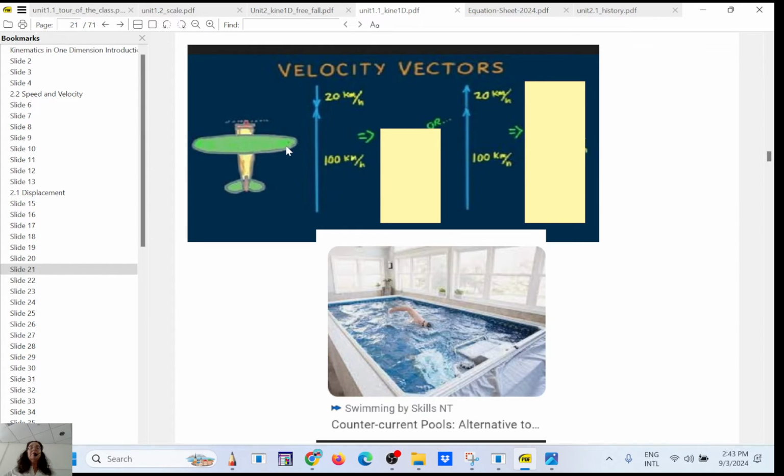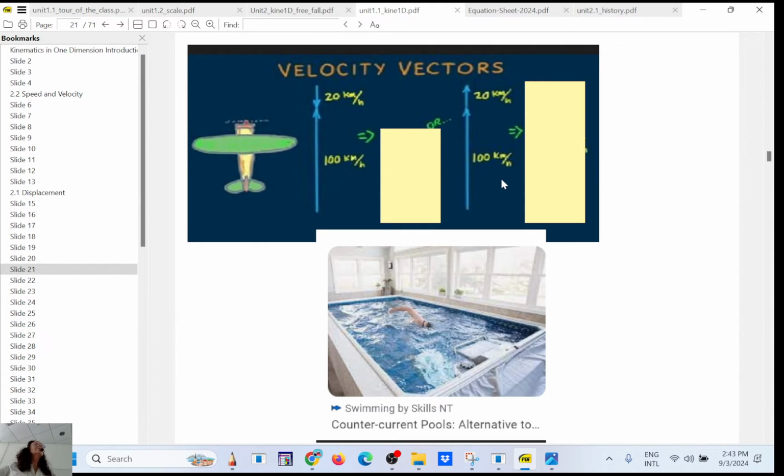In your frame of reference, you're going at 100 kilometers per hour. Someone looking at you on the ground sees that there is a headwind, so you're not going to go as fast. So this is about relative velocity, and it depends on the frame of reference.